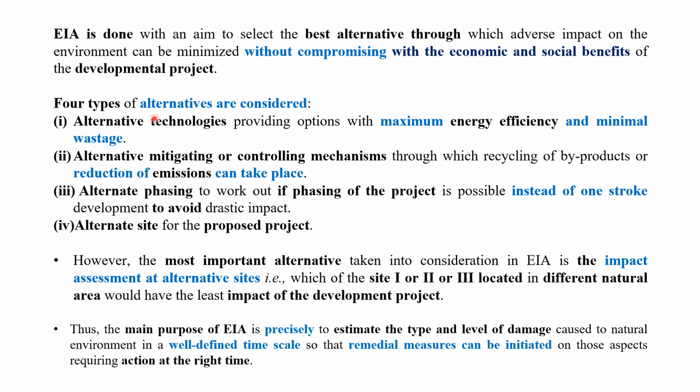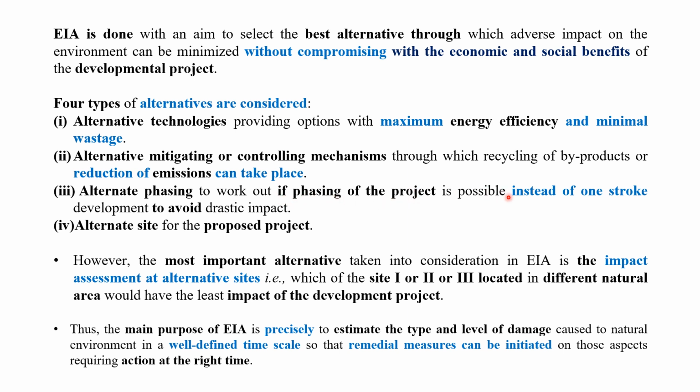So what are the alternatives that have to be taken care of during the EIA? Alternative technology providing options with maximum energy efficiency and minimum waste generation. The next alternative, a mitigating or controlling mechanism through which recycling of byproducts or reduction of emission can take place. Alternate phasing of work should be worked out.